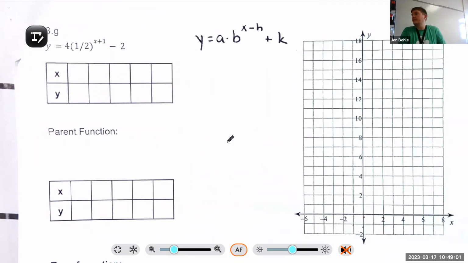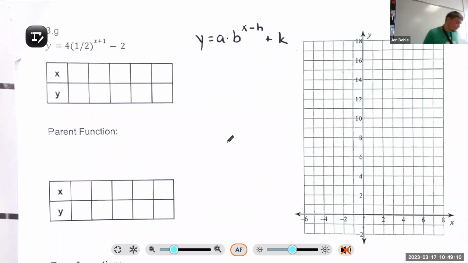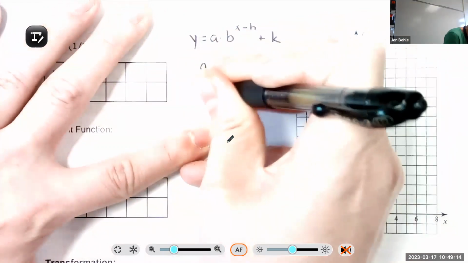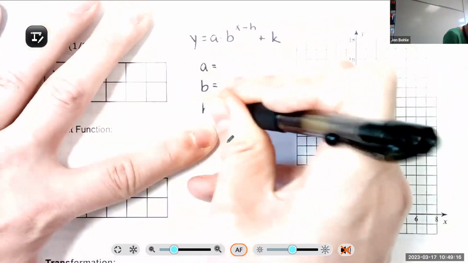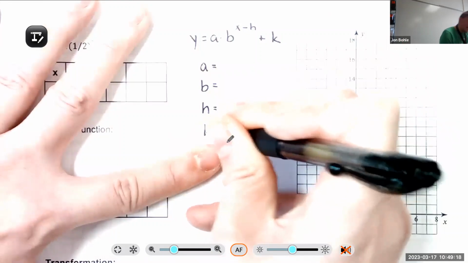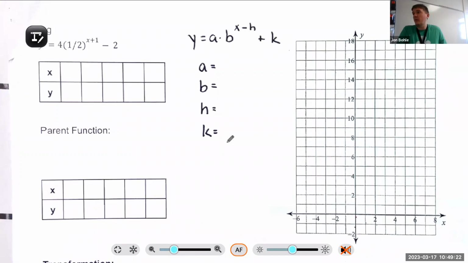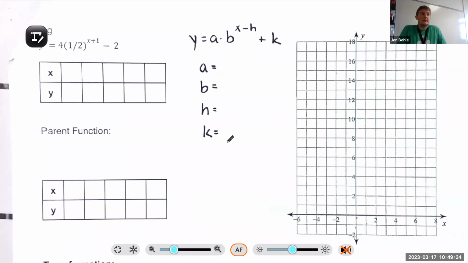That's the basic form. If you can find those numbers, you basically found the transformations at that point. So those are the first things. If I'm you, that's the first thing I'm going to try to do every time.